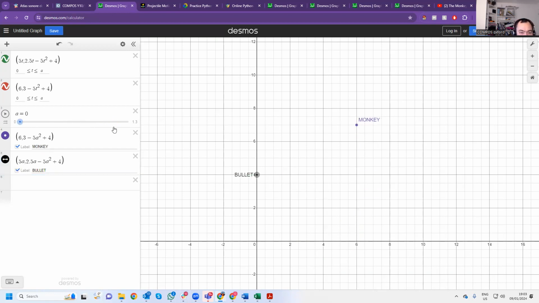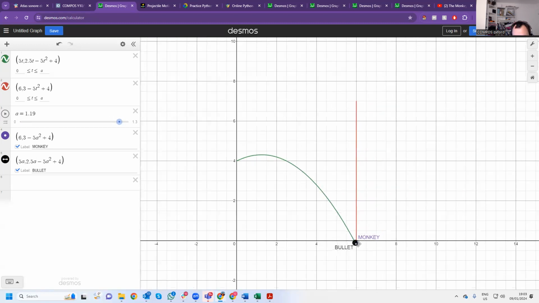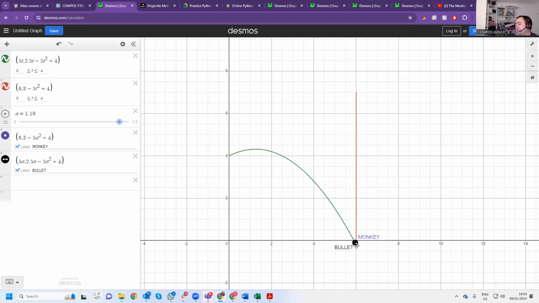So they start slightly higher. The bullet starts at 4 meters, the monkey starts at 7 meters above the ground, and then you can see that they will meet. They will meet here.